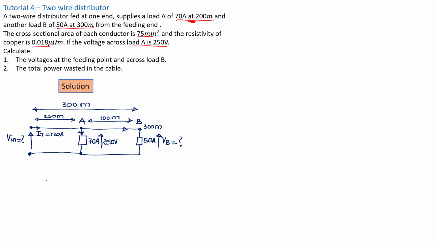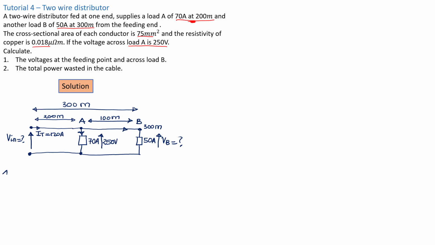So we understand that because there is 250 volt here, there are some voltages that got dropped at the section here. So if we take this voltage and add it to this voltage, we should be able to get V in.